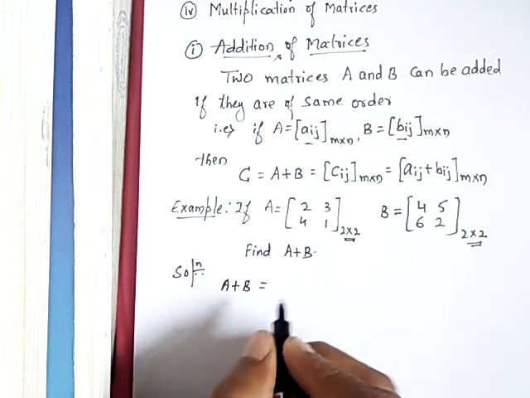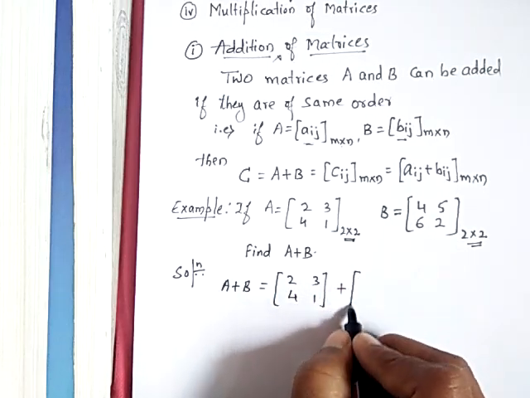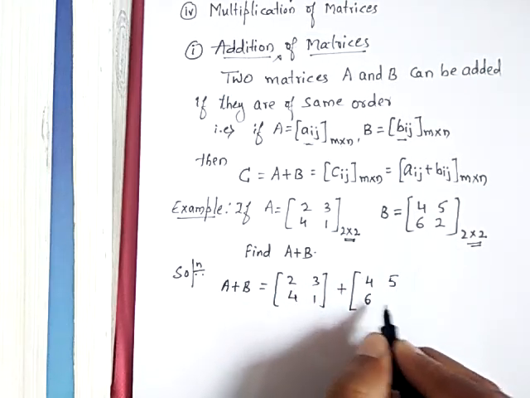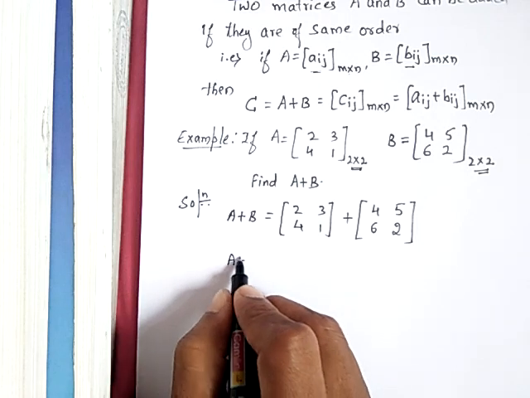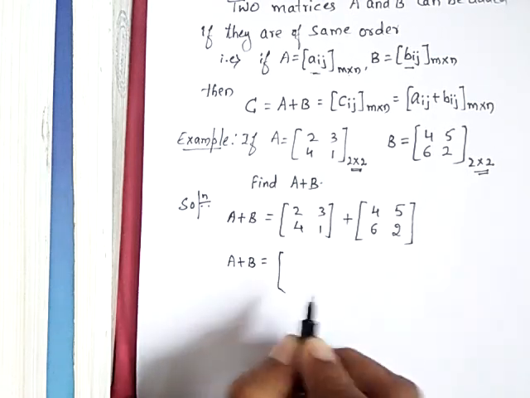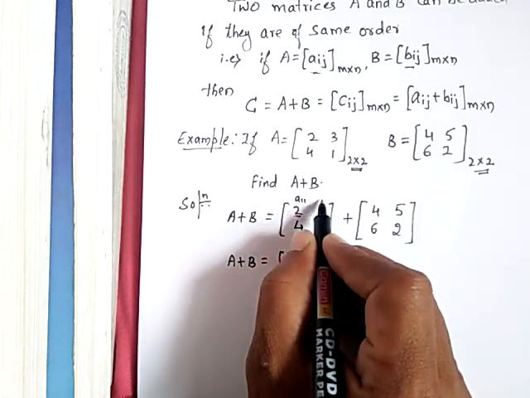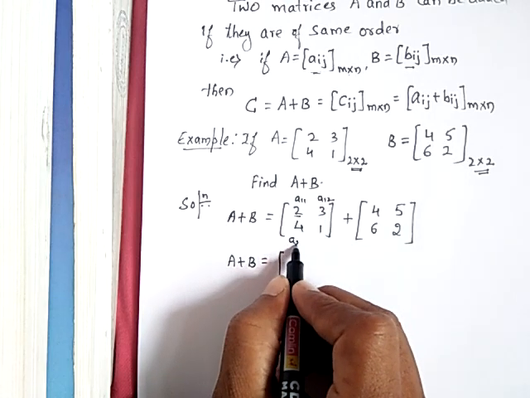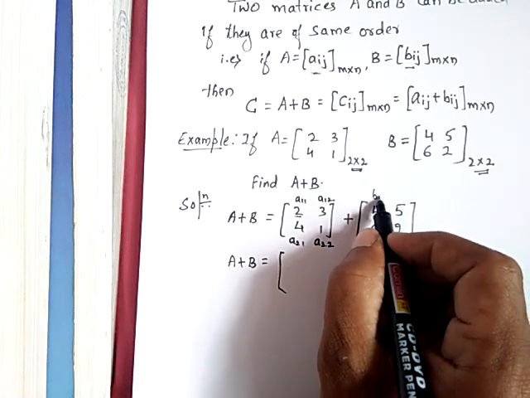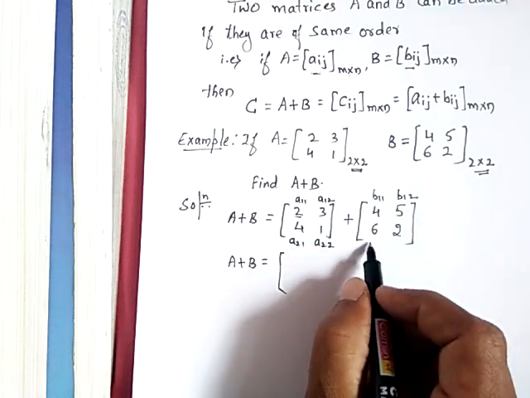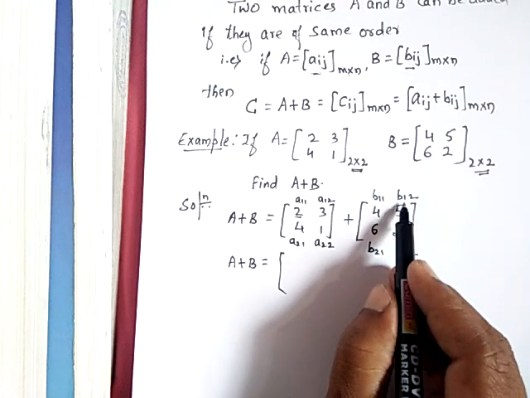So now we will take A plus B. A plus B can be written as 2 3 4 1 plus the matrix B, that is 4 5 6 2. If you add these two, what do you get? The first element is A11, A12, A21, A22, and similarly here it is the B matrix: B11, B12, B21, B22, that is Bij.